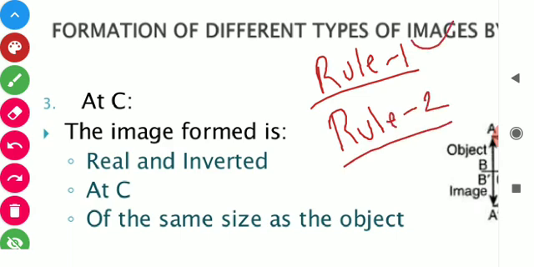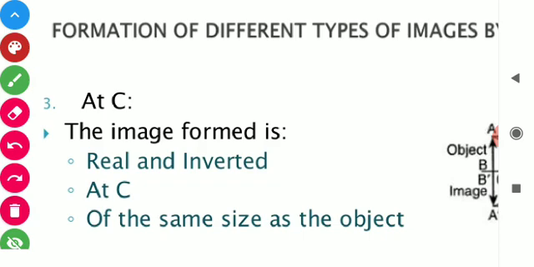This is the first thing you write. Second, you write whether the image is real or virtual. Here our image is real, and with that you will write whether it is inverted or erect. Always remember, a real image is always an inverted image.